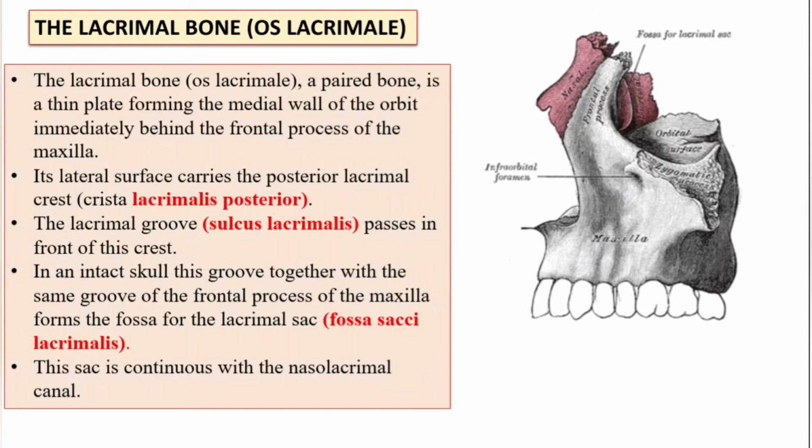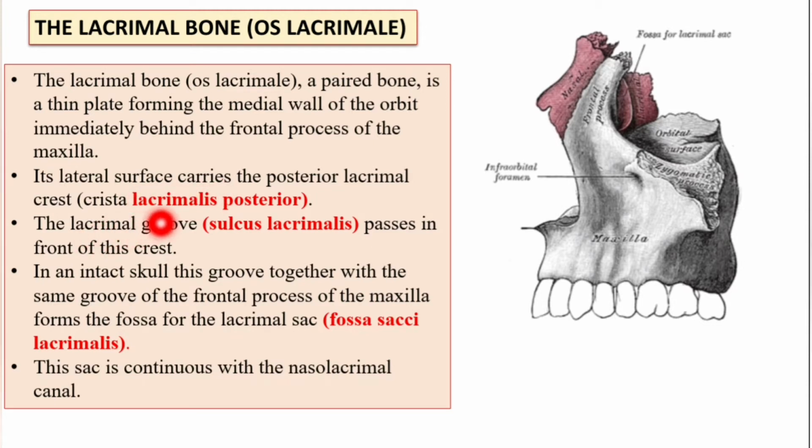The lacrimal bone, os lacrimale, is a paired bone. It is a thin plate forming the medial wall of the orbit immediately behind the frontal process of the maxilla. Its lateral surface carries the posterior lacrimal crest, crista lacrimalis posterior.